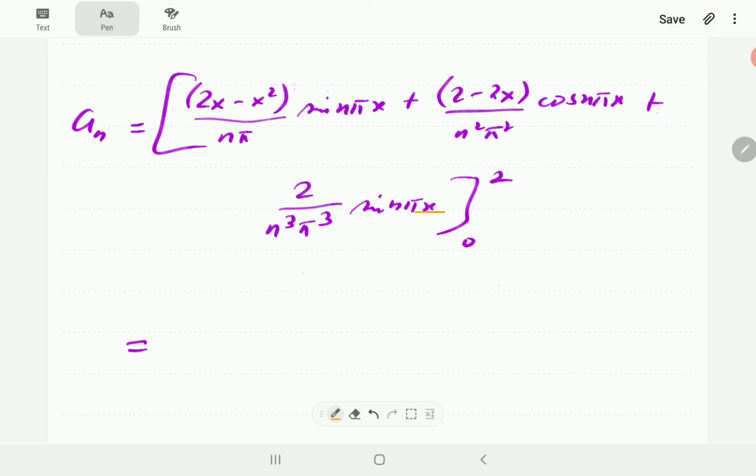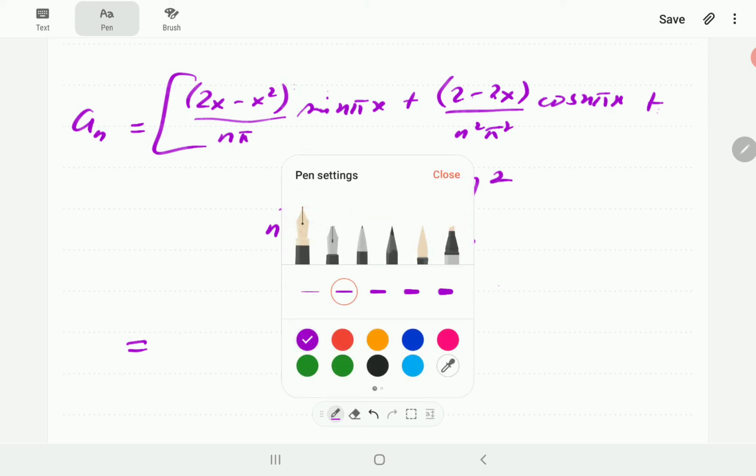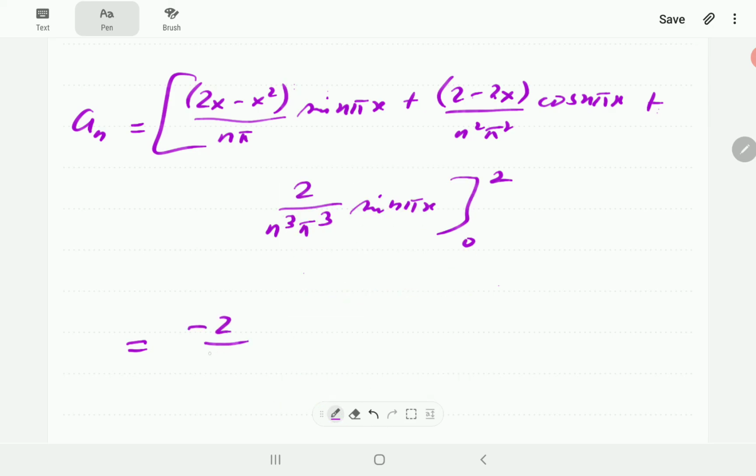This is going to be sine 2n pi, which is 0 again. So it's just going to be this term here: 2 minus 4 is negative 2 over n squared pi squared cosine 2n pi.